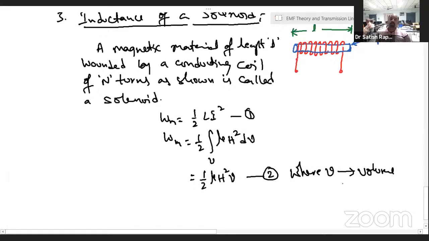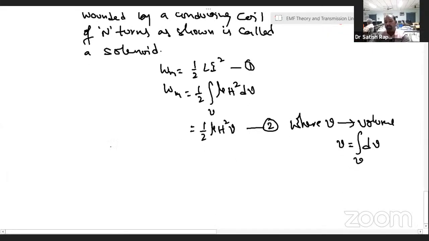V is nothing but the volume integral dV. Because we are assuming that the field is uniform, it can be taken outside the integral. This is only a small difference between the previous one and this one.